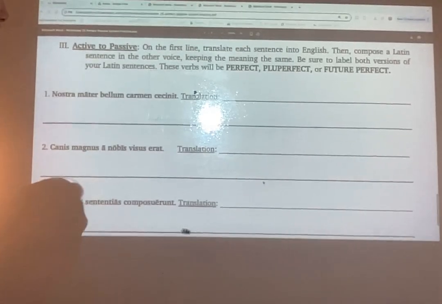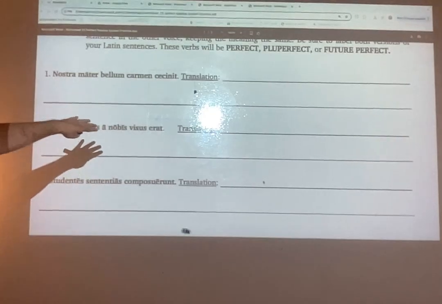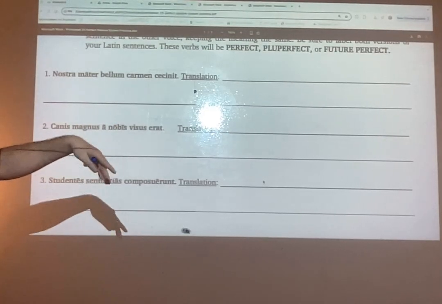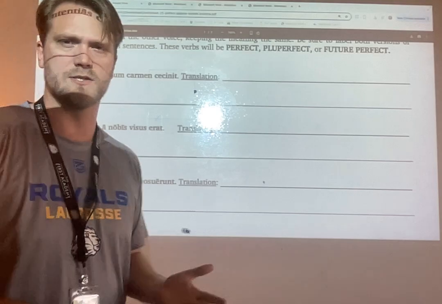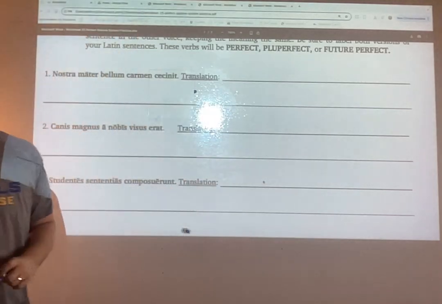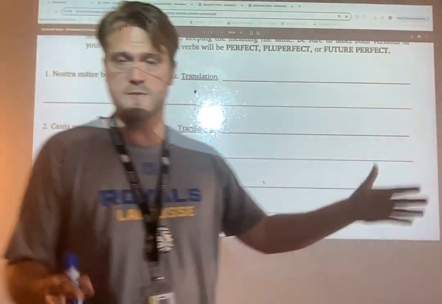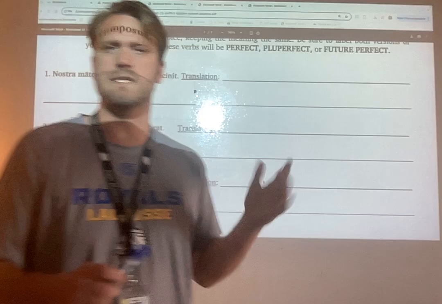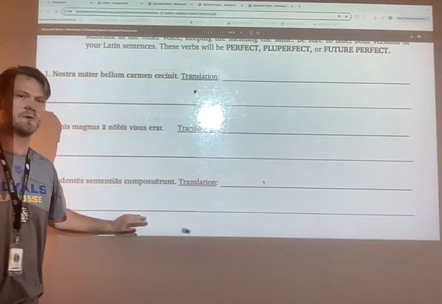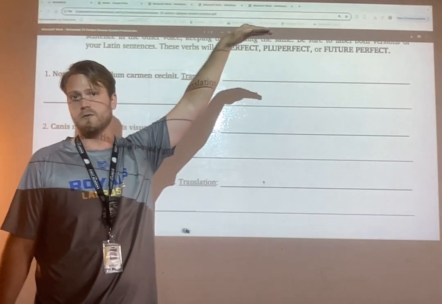So what I had you doing here was translating these sentences the way that they're given to you. But then I wanted you to change the voice. So I wanted you to translate them as given, and then write the same sentence in the other voice. This is extremely on the higher level of difficulty compared to anything I'm going to give you on the test.